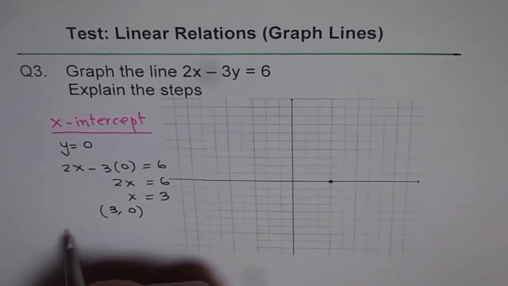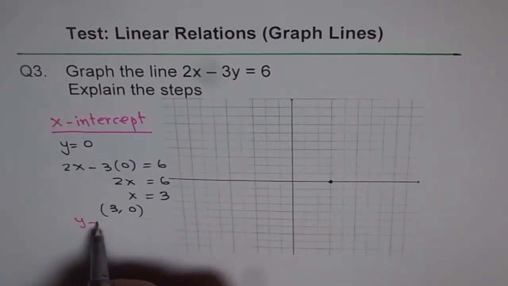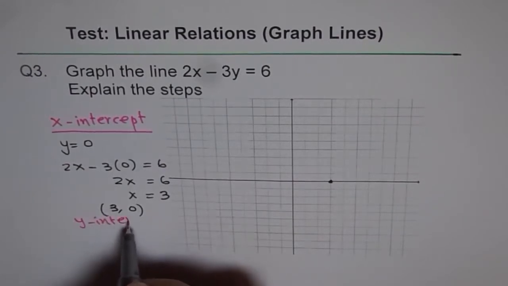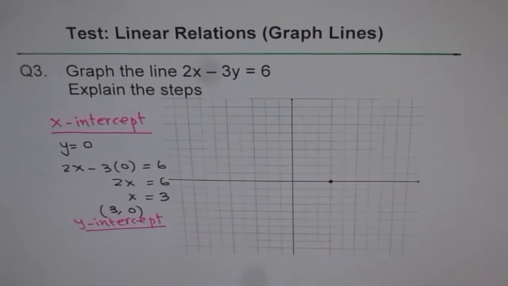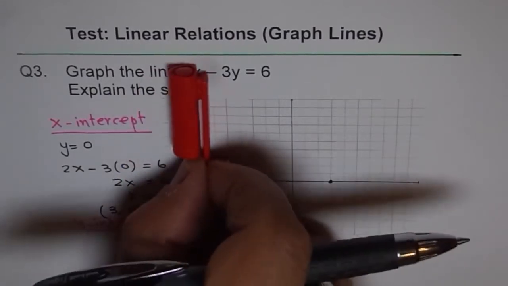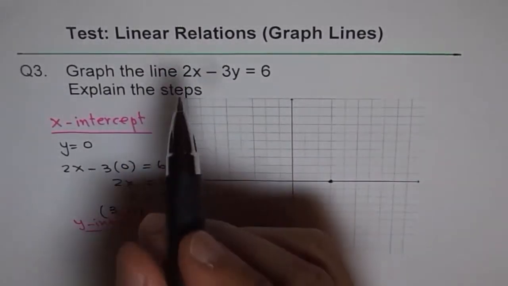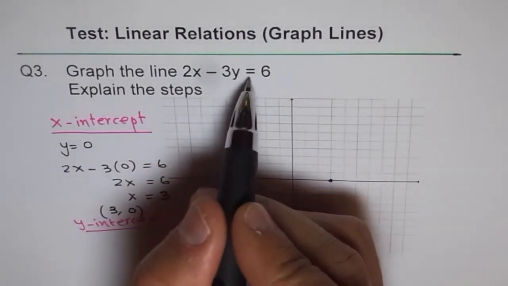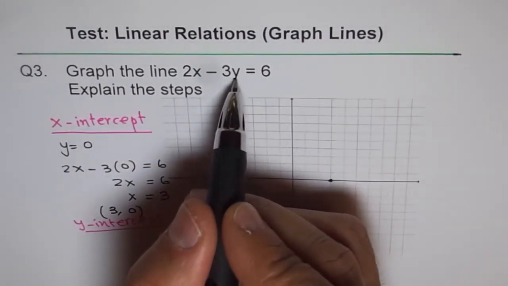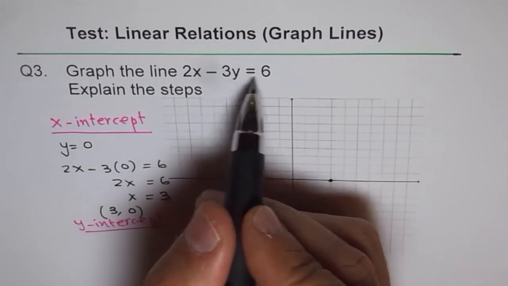Now let's find y-intercept. Okay, so y-intercept is a point where x is 0. Now the easy way is, let me show you. What we do is, x is 0, that means you hide this, correct? So when you put x as 0 in this equation, we get minus 3y equals 6, and y equals 6 divided by minus 3, right?